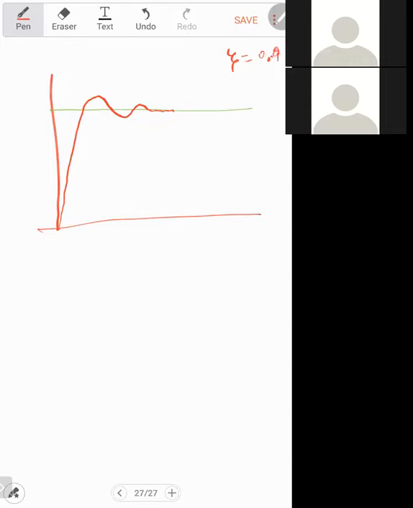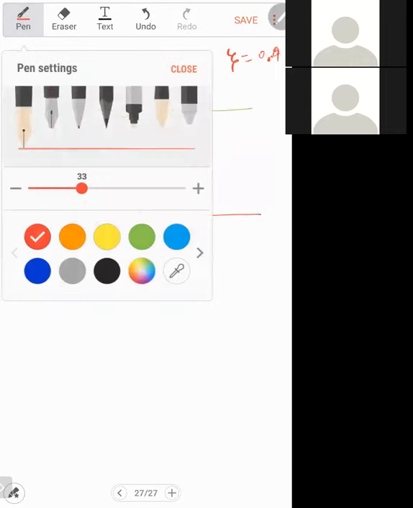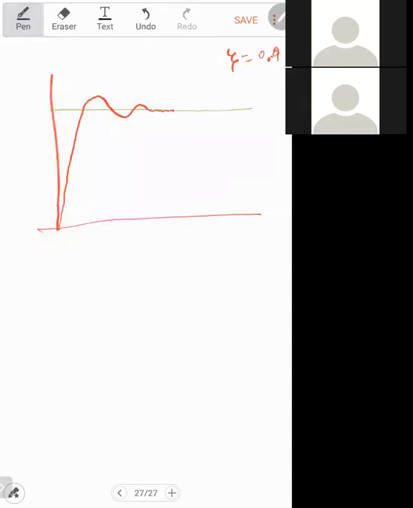Because why? Because we already know that this is the critical case when zeta is equal to 1. So this is zeta is equal to 1. As you go from zeta equal to 1 to this side, the overshoot will increase.